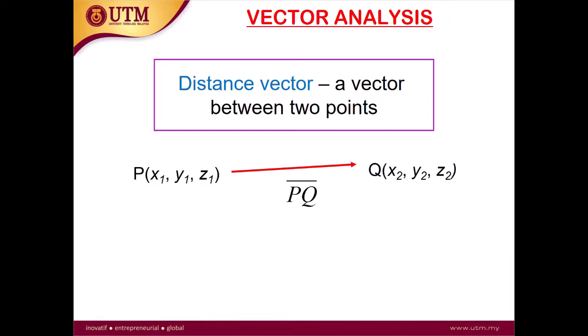Next is the distance vector. The distance vector is the vector between two points. Two points means it's not from the origin. It's from the point P, the first point here. Let's say the point P is located at x1, y1, and z1, and the point Q is located at x2, y2, and z2. And then we name the distance vector PQ bar.